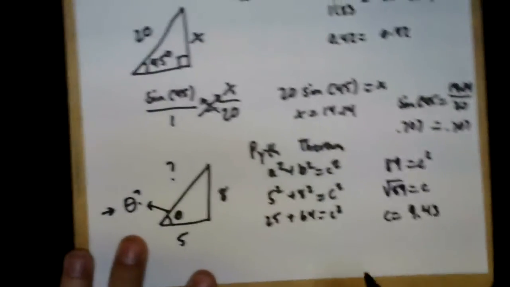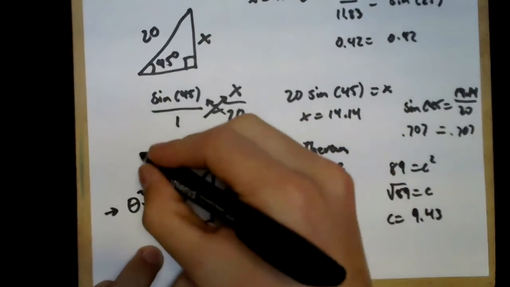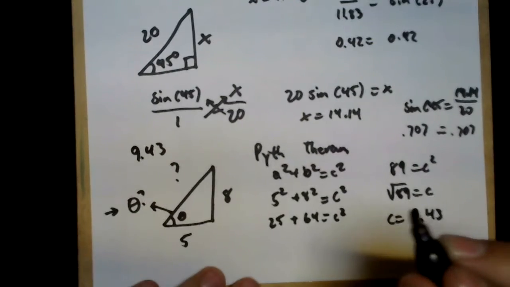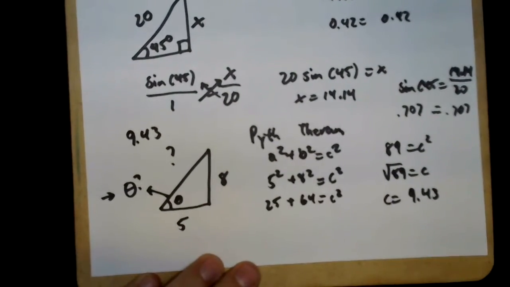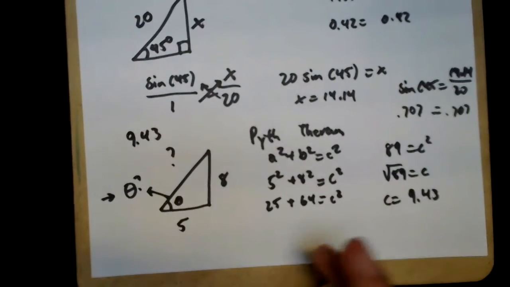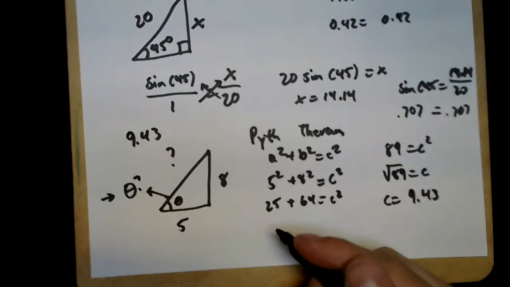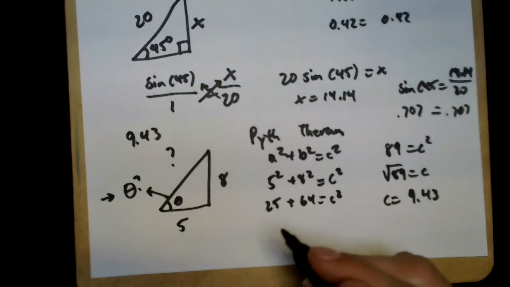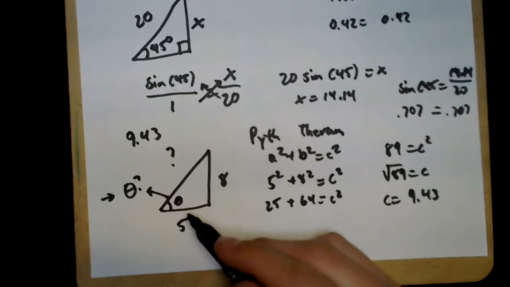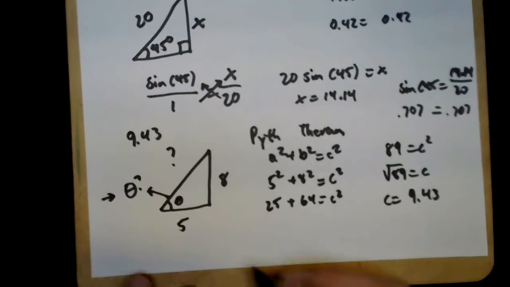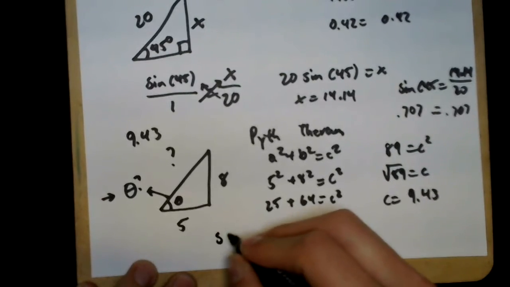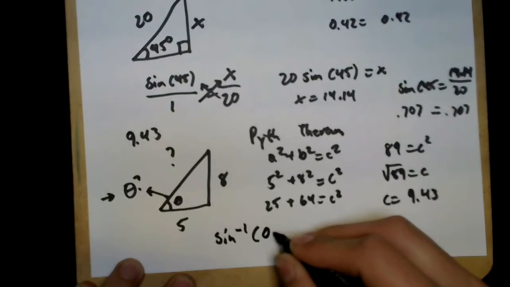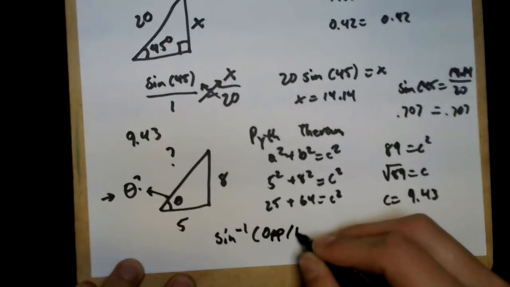So, now since we know our hypotenuse is 9.43, we can now find theta. Once we know our sides, we can do the inverse of sine, which is how we find the degrees if you know two side lengths. So you basically would plug in your calculator inverse sine of your opposite over hypotenuse.